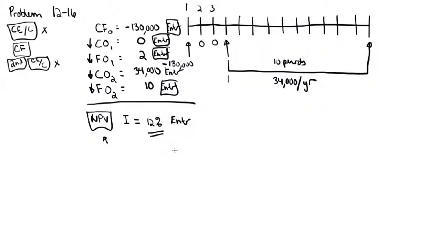And then arrow down, and the next thing you'll see is NPV equals, and push the compute button. And we get a positive 23,146.99.